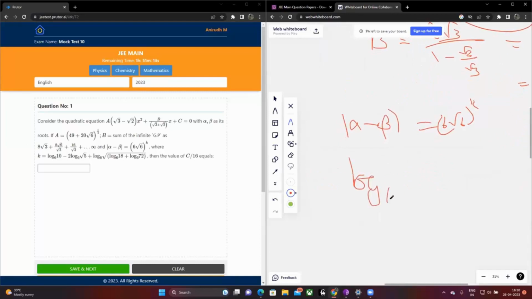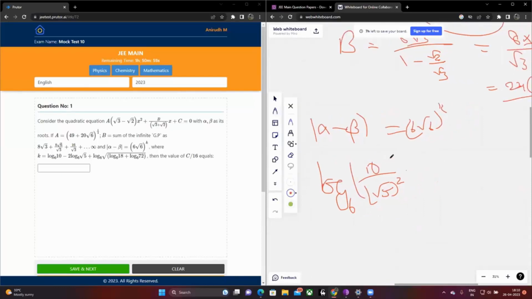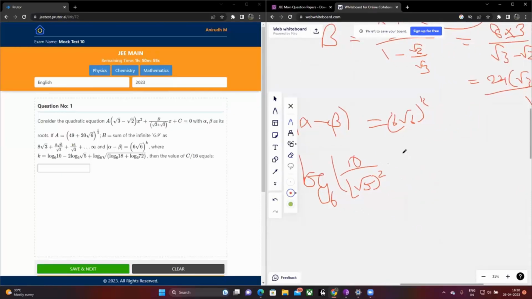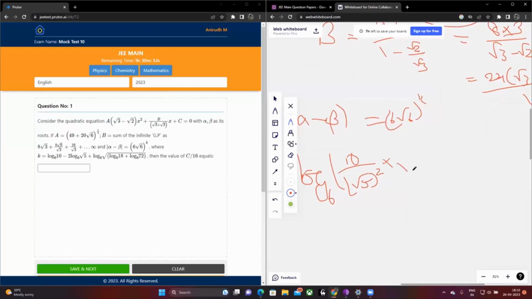So I'm just proceeding with log 6, 10 divided by root 5, the whole square, into, I'll just open a bracket here so that you don't get confused, right? And it is this into the square root of log to the base 6 of 18 plus log to the base 6 of 72, right?